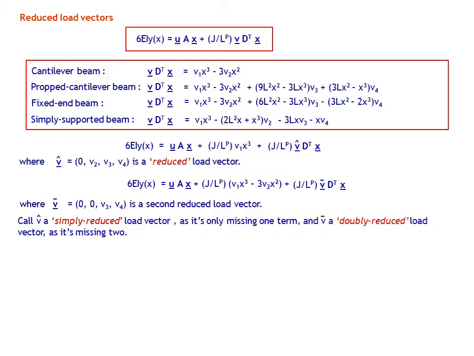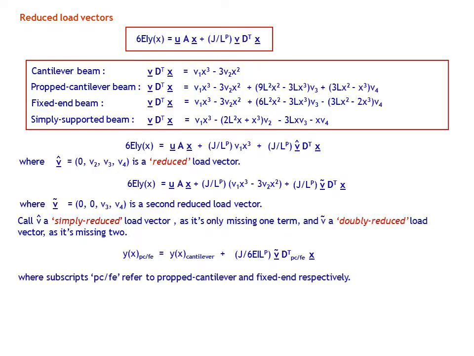Looking at this last equation, we see that the first two terms on the right hand side are just the two terms of the cantilever beam, so we can rewrite this equation as y PCFE of x is equal to y cantilever of x plus j over 6EI Lp v tilde dt PCFE x, where the subscripts PC and FE refer to propped cantilever and fixed end beams respectively.